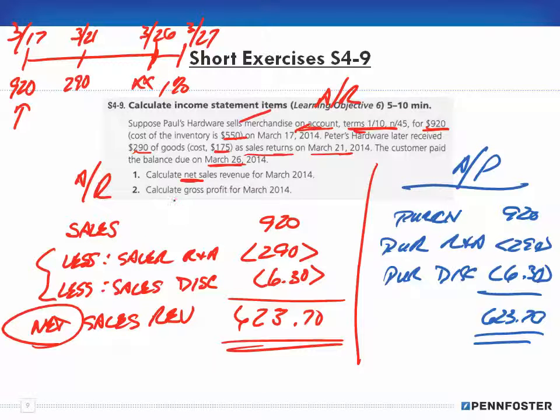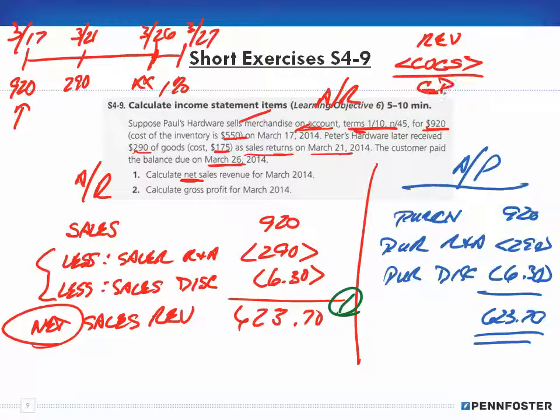Now it says here for the problem, calculate gross profit for March 2014. So knowing that the net sales revenue is $623.70, if we want to know what our gross profit is, remember we have revenue less cost of goods sold, which gives us our gross profit, which is not net income.